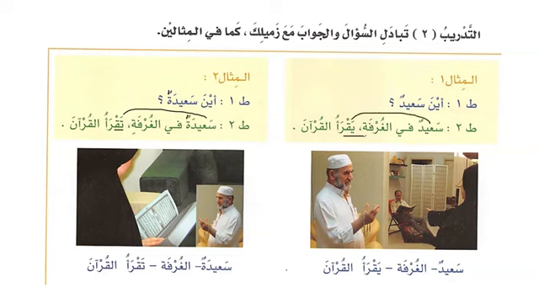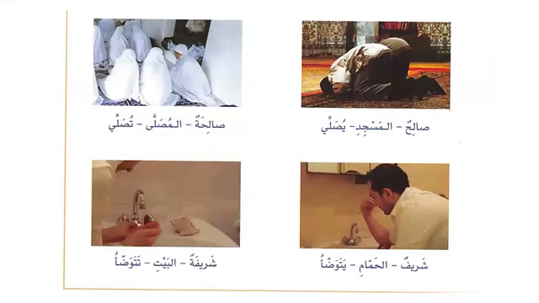Now we have over here more practice. As you can see here, we have سعيد and الغرفة يقرأ القرآن. So we have practiced this one, and also this one. And inshallah, I'm sure based on this pattern, you will continue your practice as much as you can. For example, if I ask you أين صالح, you will say صالح يصلي. And similarly أين المسجد, and you say هذا هو المسجد.